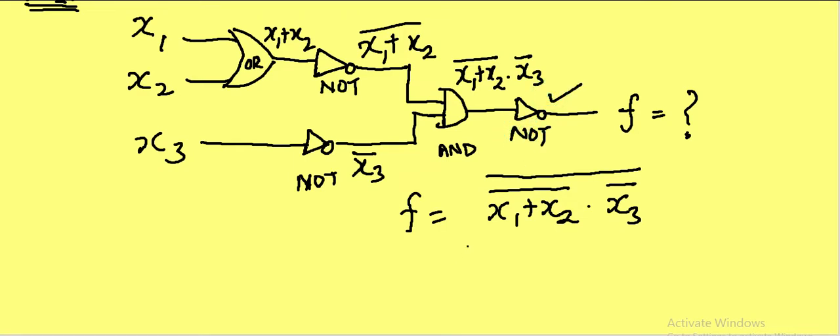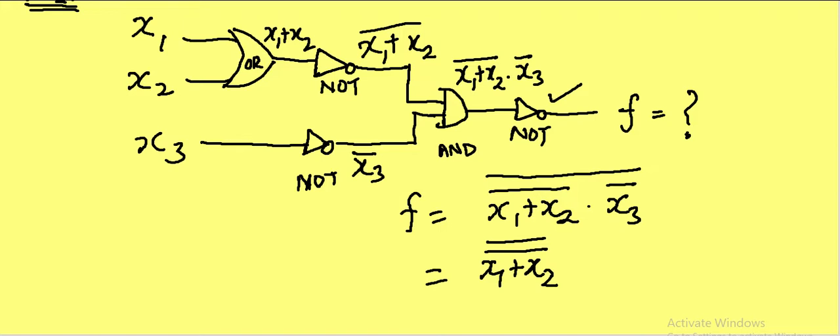Right? Now solve this. To solve this, this is one thing, this is the second thing, so you can apply De Morgan's law because this is the complement over all of this. So it will be x1 plus x2 complement, and then complement, right?